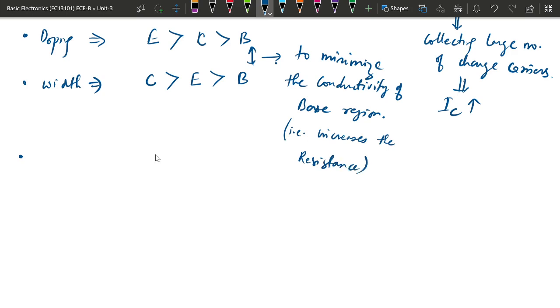So minimum doping has the highest resistance. That means if doping is minimum, the resistance will be higher. If resistance is higher, less charge carriers will be passing through this base region. So most of the charge carriers will be passing from emitter to collector. This is our main motive: currents should pass from emitter to collector, not through the base. So that's why it is made lower doping.